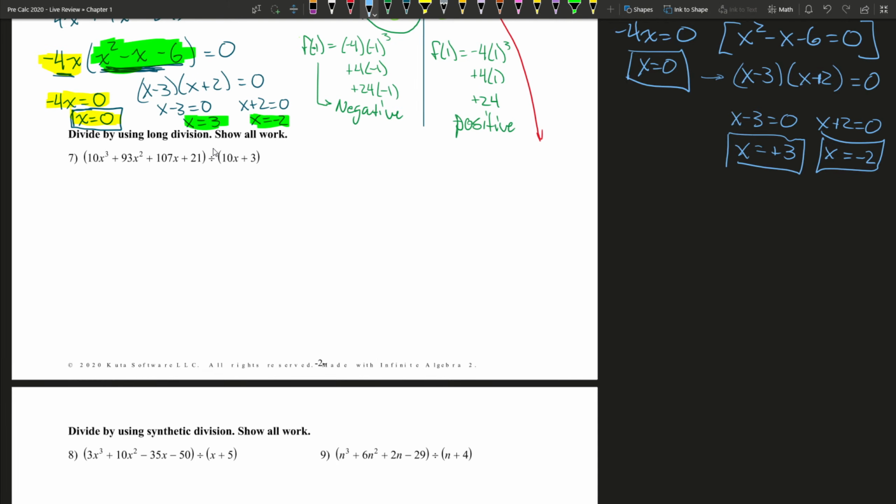Okay, so for long division, we set up kind of like we would when we did long division with regular numbers. And we're really seeing how many times this first term goes into each of these. Wait, you only have n minus 1 zeros?